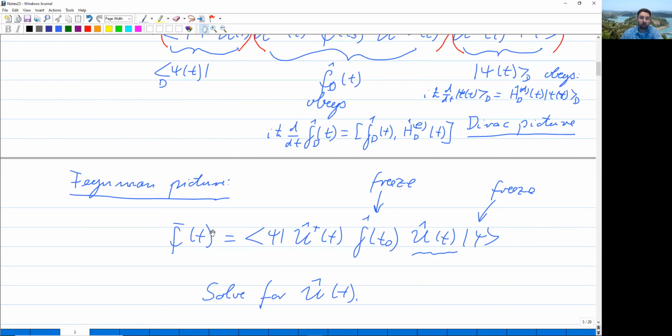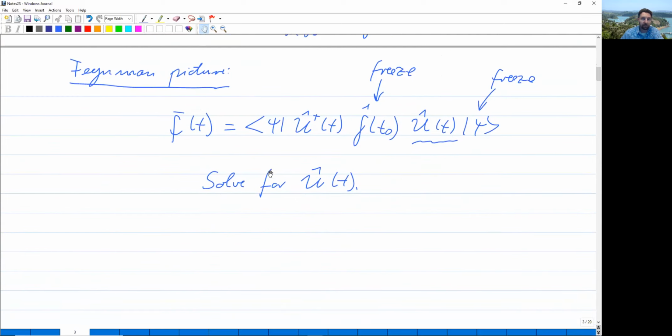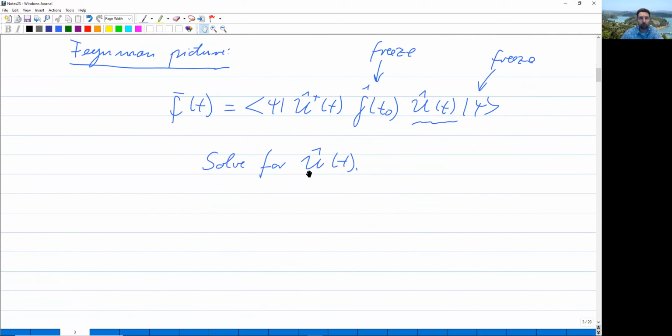But we can also, if we want to, throw the time evolution operator onto the operators and get the solution in the Heisenberg picture, throw the time evolution operator onto the vectors, and we get a time evolution in the Schrodinger picture. But why would we? We can simply calculate the predictions right away if we want to. Okay, so the Feynman picture consists of calculating the time evolution operator itself directly.